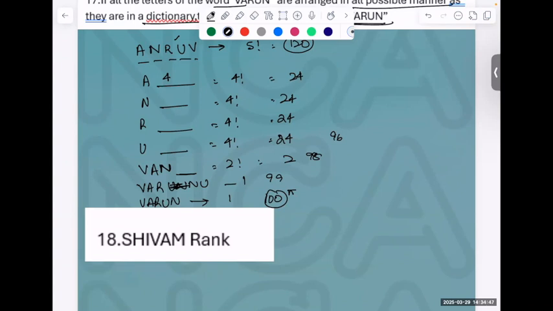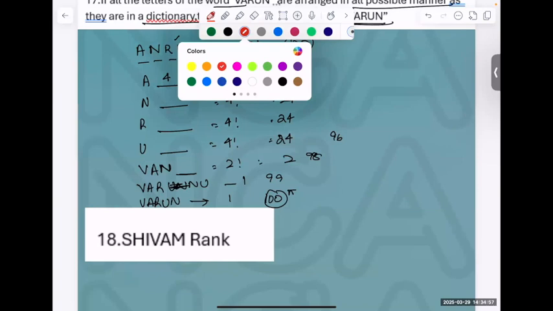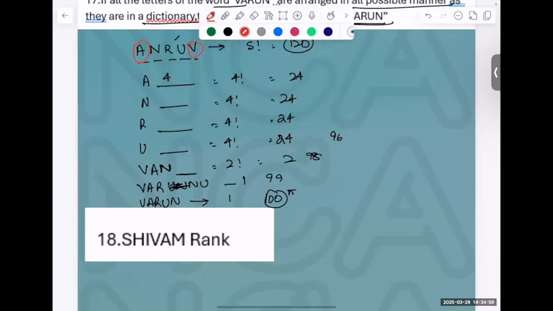Is it clear or not? VAR तक क्लियर है. VAR लिख दिया तो कौन से अल्फाबेट्स क्लियर हो गए, V भी हो गया, A भी हो गया, R भी हो गया. अब कौन सा अल्फाबेट छोटा है, N. पहले VARNU आएगा, which is not required, फिर VARUN आएगा. So what's the rank, 100. So it will not be 99.